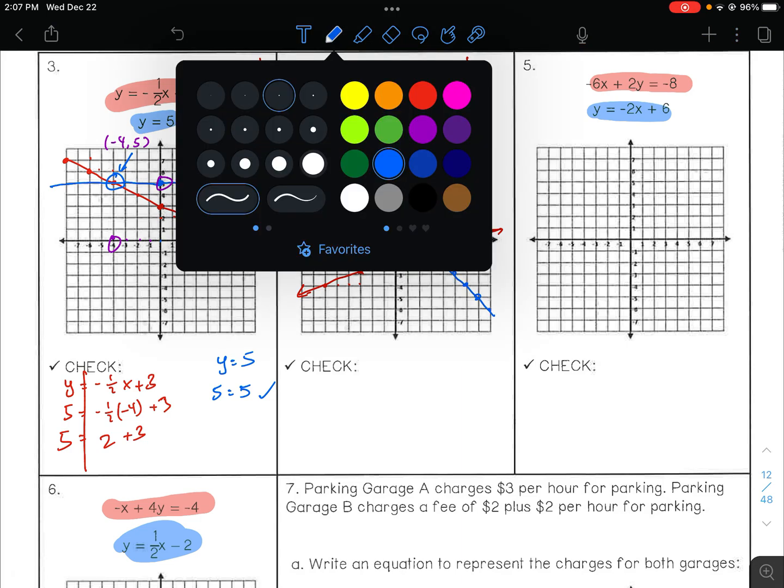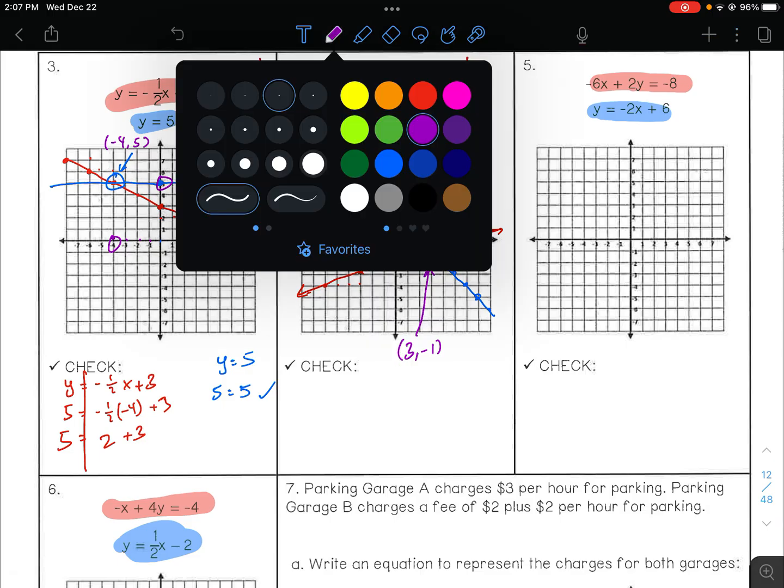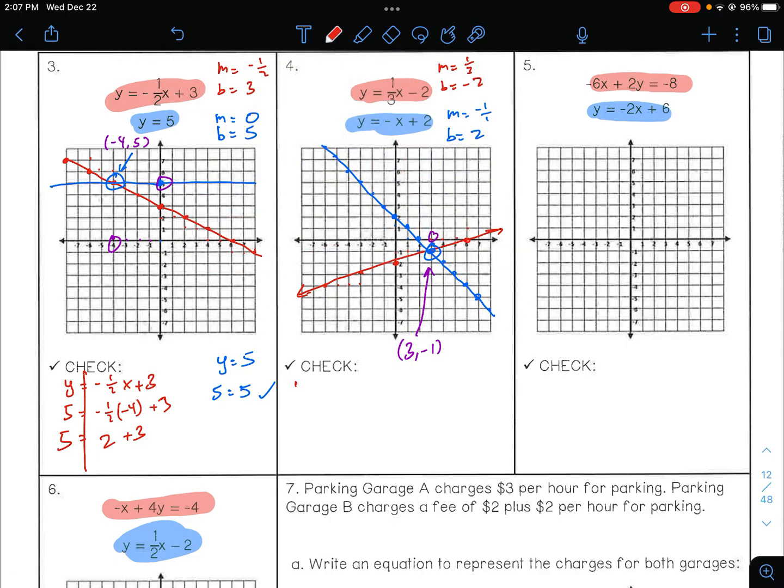What is that point right there? That point is, gosh, 1, 2, 3, -1, I believe. 3, -1. Let's check. My first equation, y equals 1/3 x minus 2. Y is -1. X is 3.